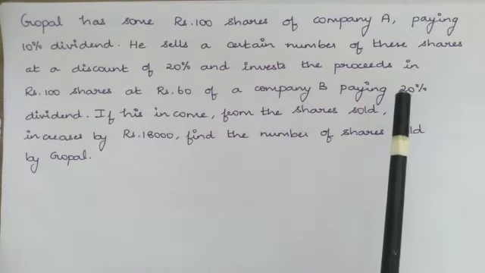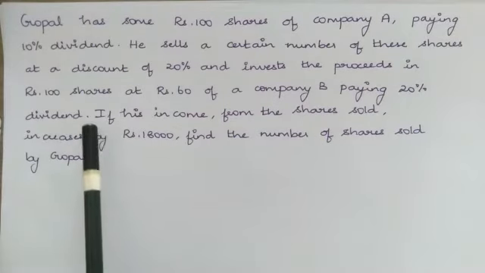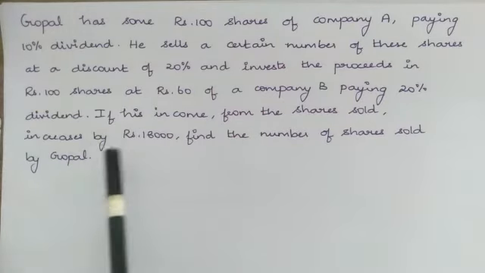That company B is paying a 20% dividend. Because of this process, his income increases by 18,000. We are supposed to identify the number of shares sold by Gopal.